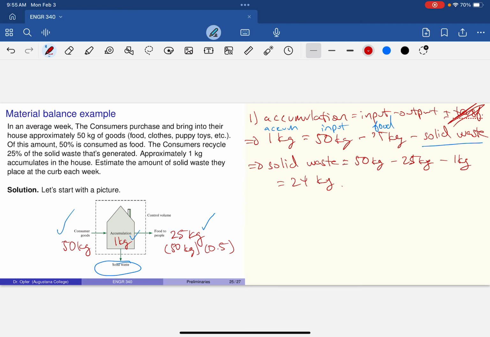But now we also know that 25% of this solid waste is recycled. Okay, so our total amount of solid waste equals the recycled piece plus the landfill piece, right?